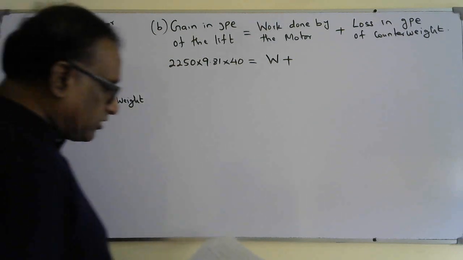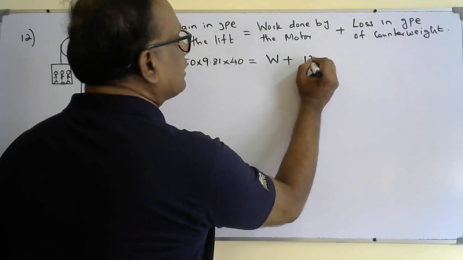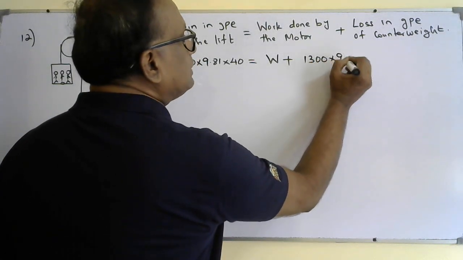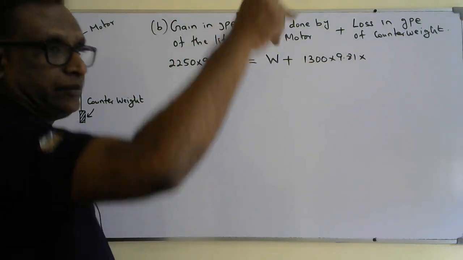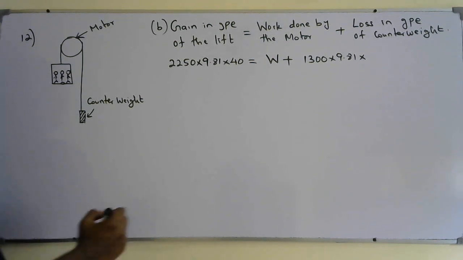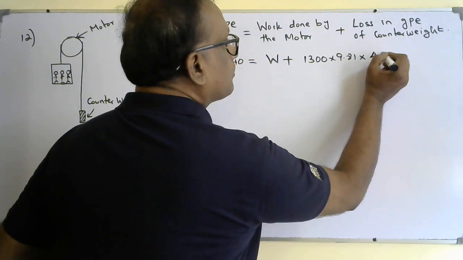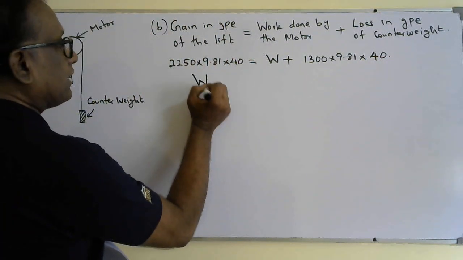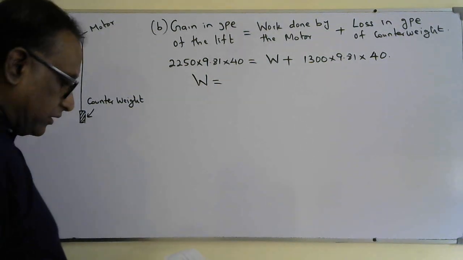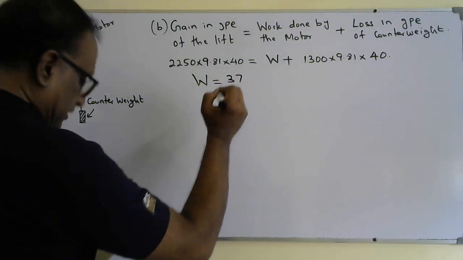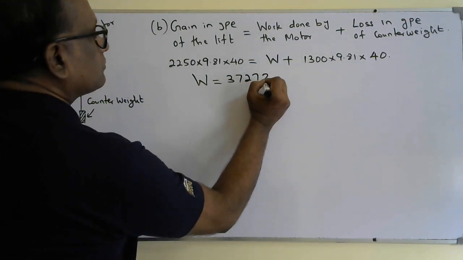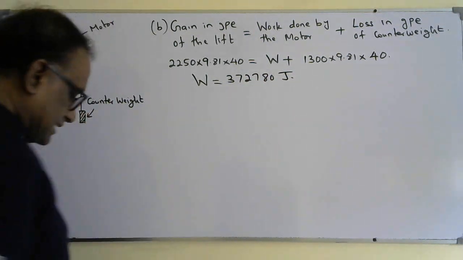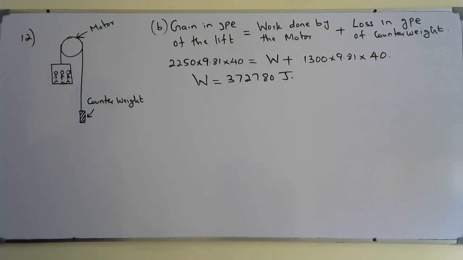Mass of the counterweight is given, 1300 kilograms, times 9.81. When the lift moves up through 40 meters, the counterweight will move down through 40 meters. So from this find W. W will be equal to 372,780 joules. That's the work done by the motor.